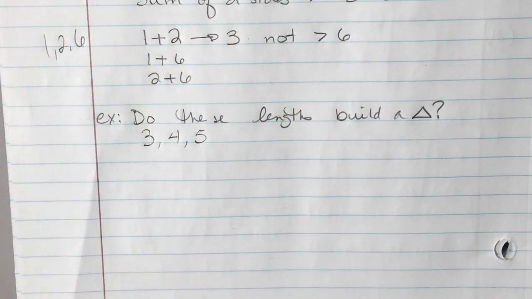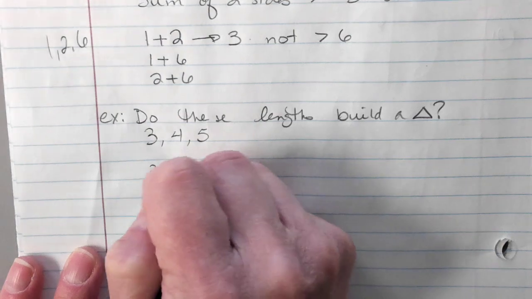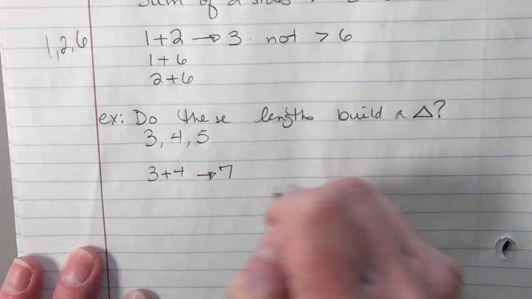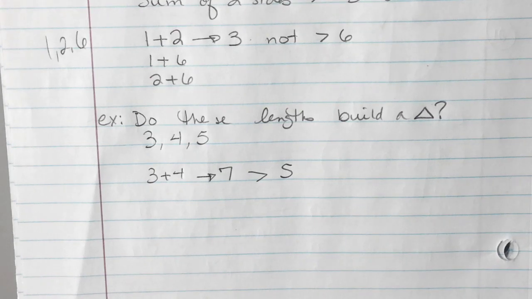I'm going to give you the numbers 3, 4, and 5. And so here's what we have to do to check. Let's take 3 and 4. That makes 7. 7 is greater than the other side. That works. That makes us happy.